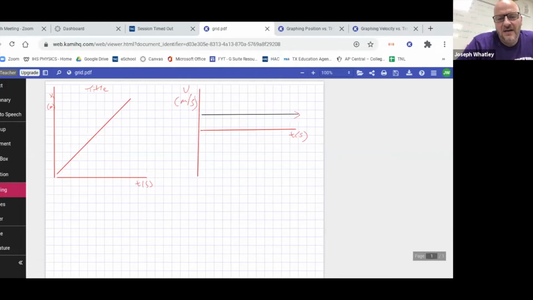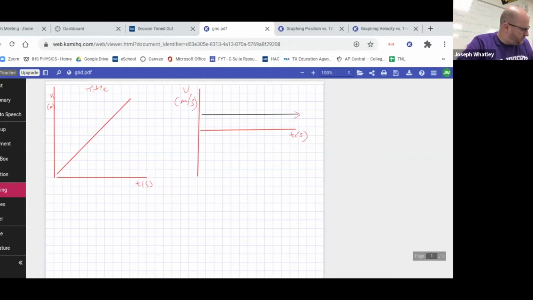So this graph, does it have any acceleration? No, because the slope of this velocity graph is what? We get acceleration from the velocity graph.